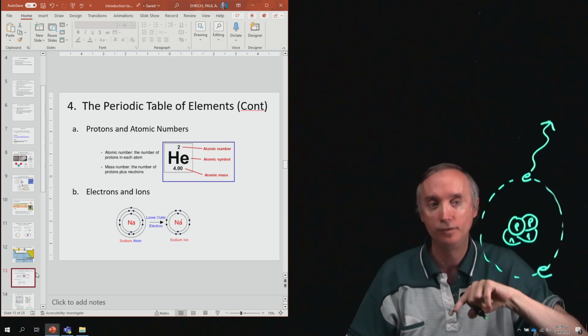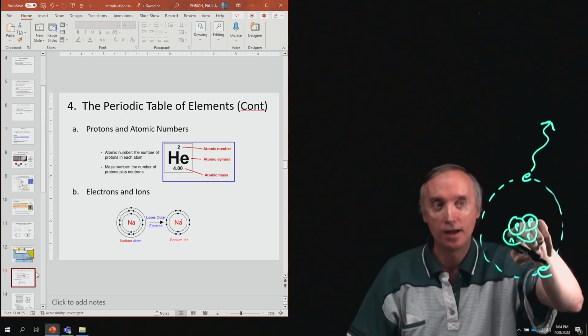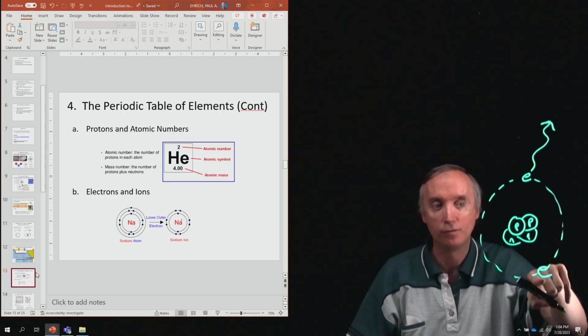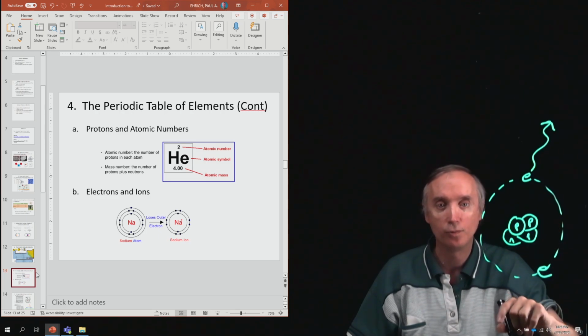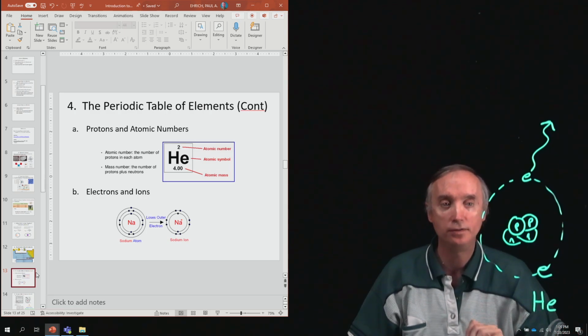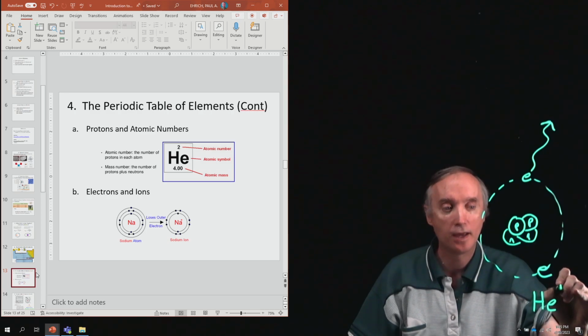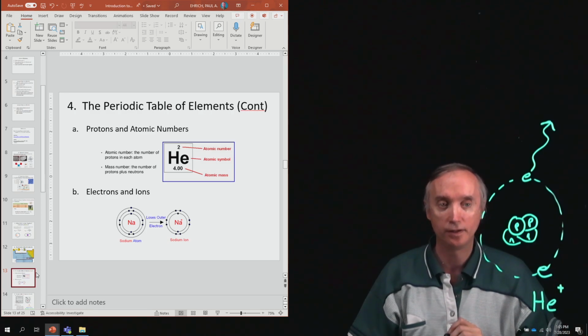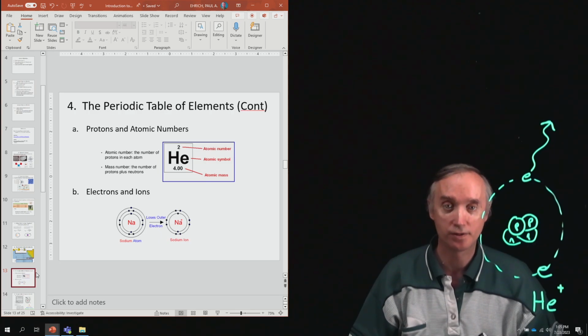So what would that leave you with? You would still have two positives and one negative. So then what we would say is that this would be helium, He, but now it's going to be a plus helium, and we have ionized it.